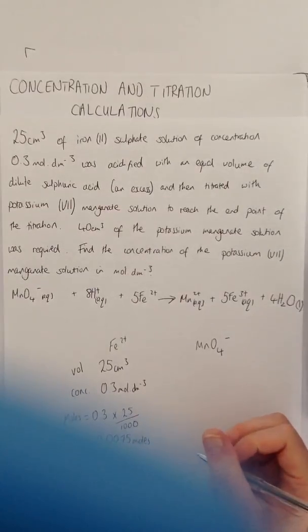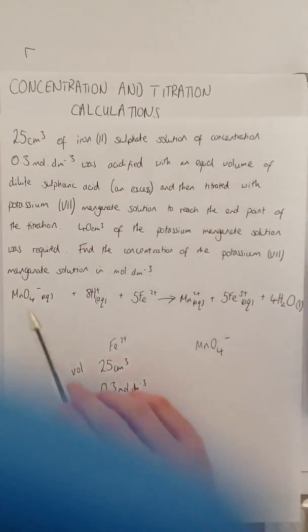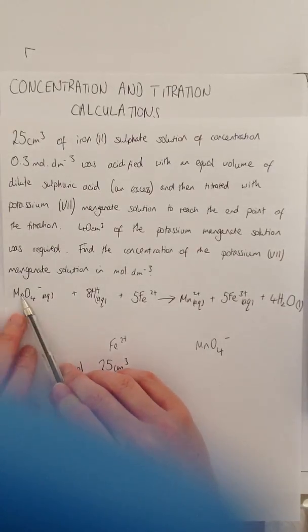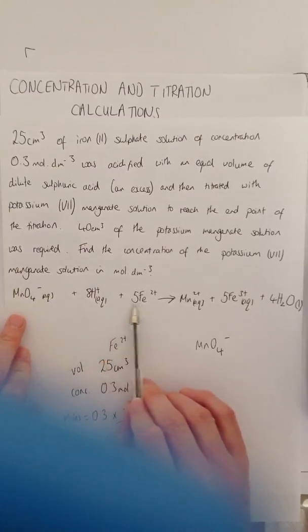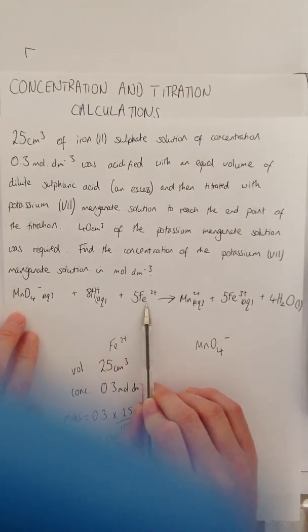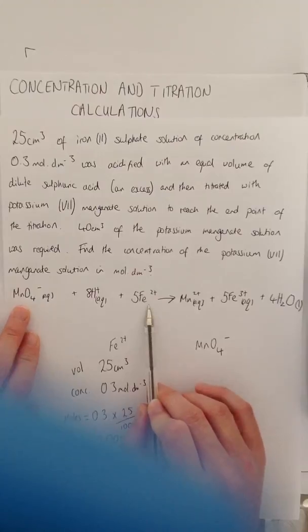moles. If we now look at the balanced equation, we can see that the ratio of MnO4 to Fe2 plus is actually 1 to 5. This means that every 1 mole of manganate reacts with 5 moles of Fe2 plus.